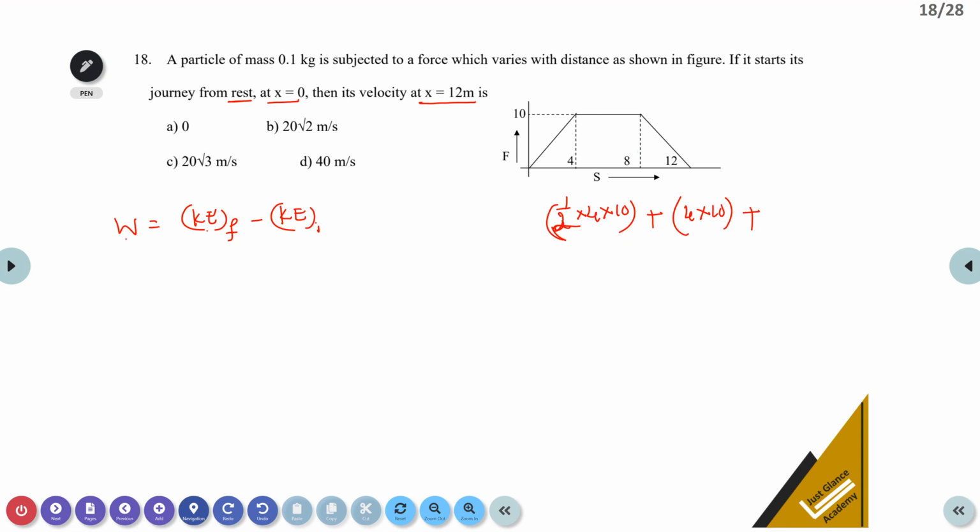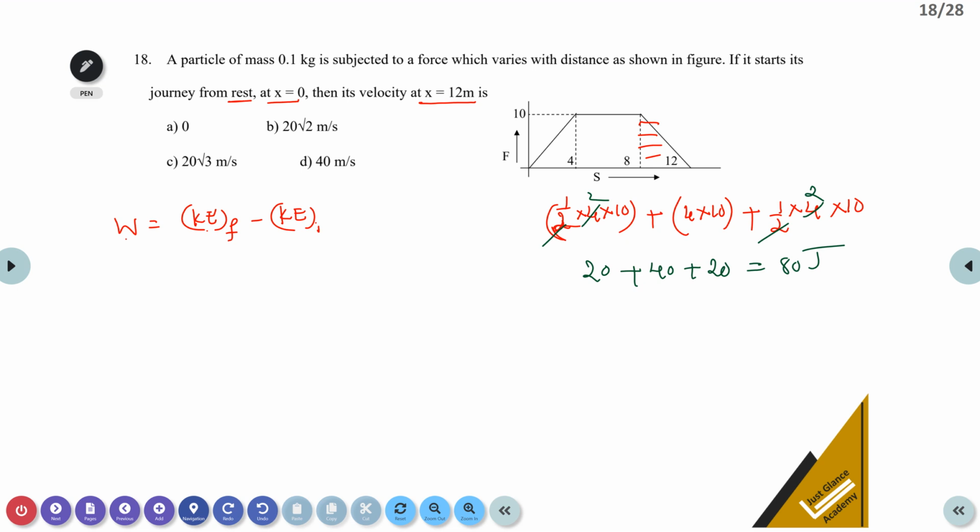Plus, next, this part equal to 1 by 2 into 4 into 10. Now, the 2 cancels, this is equal to 20 plus 40 plus 20, which is 80 joules.